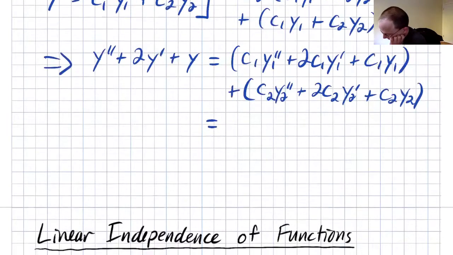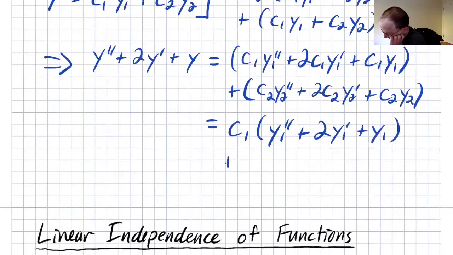Okay, so what do we get? c1 times y1 double prime plus 2y1 prime plus y1. Plus c2 times y2 double prime plus 2y2 prime plus y2.